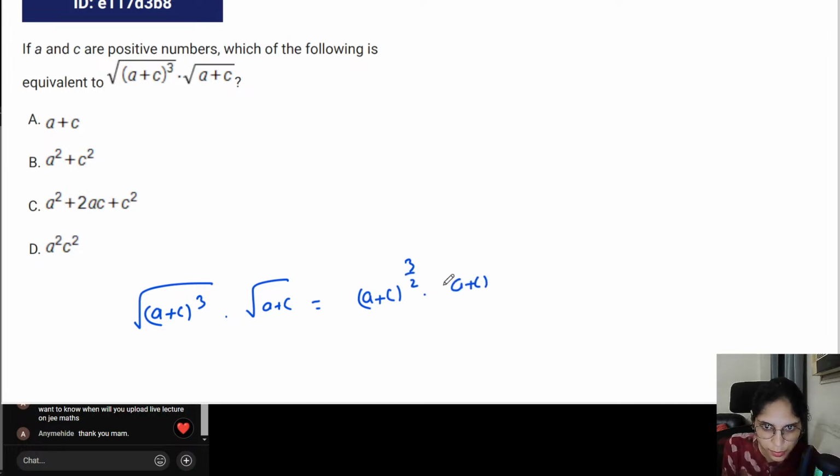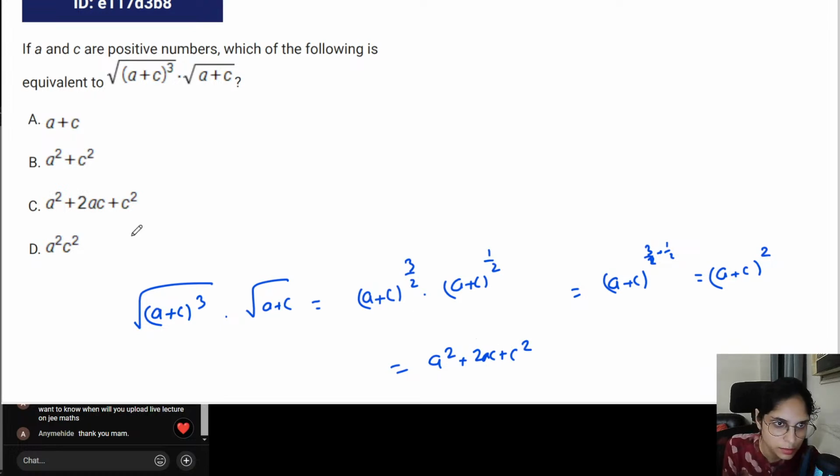This will be a plus c to the power 1 half. Add the exponents. 3 half plus 1 half is 4 half, that is 2. So this is a plus c whole square, and that is a squared plus 2ac plus c squared. That's my answer.